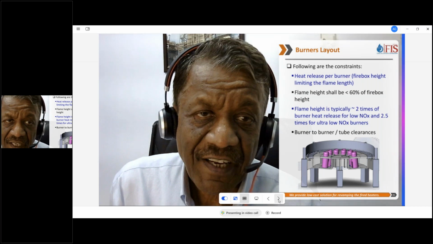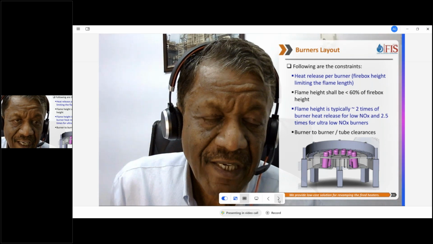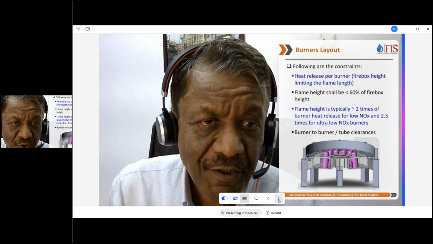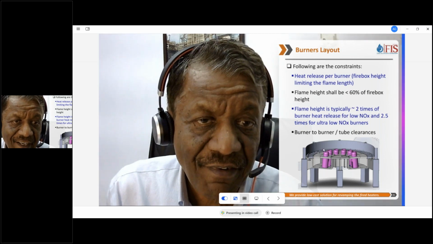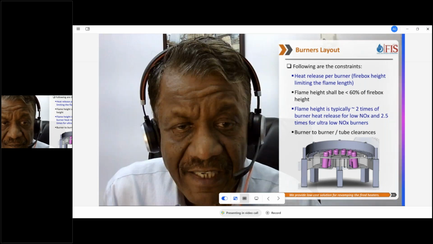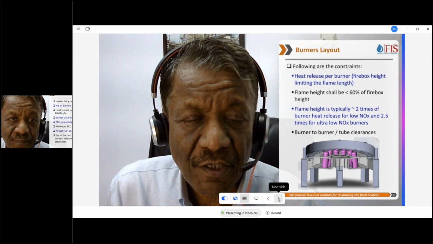Flame height should be less than 60% of the firebox height. And we want to make sure we have adequate burner to burner and burner to tube clearance. This is a 3D model showing our inclined firing technology, what we have for fired heaters.